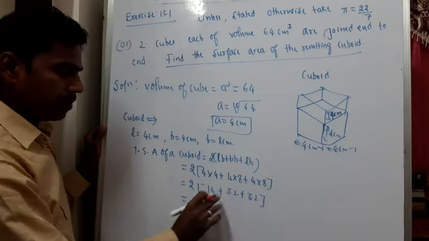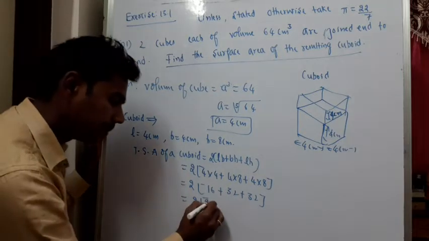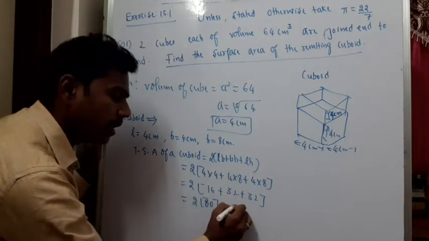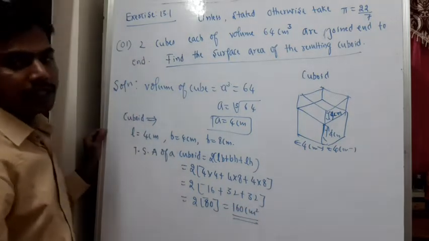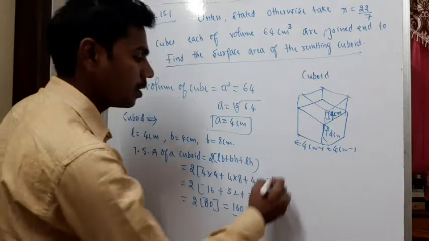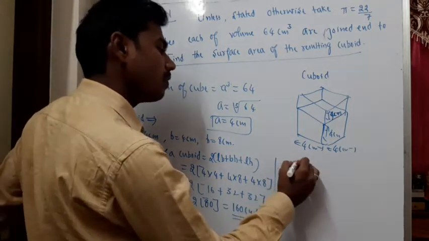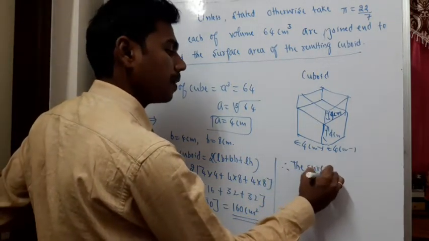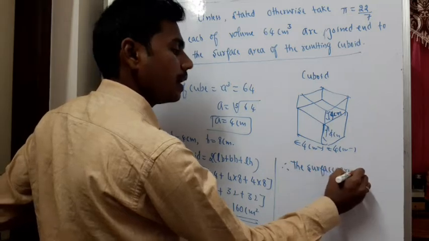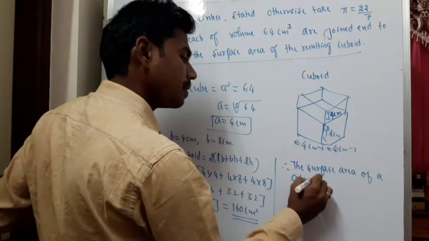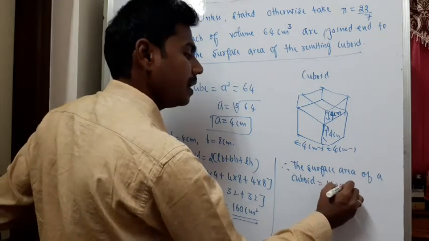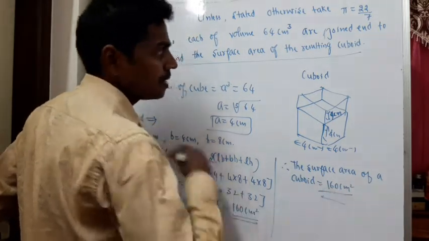So 70 plus 10, 80. 2 into 80, 160 centimeter square. So the surface area of a cuboid is equal to 160 centimeter square. So please note this down.